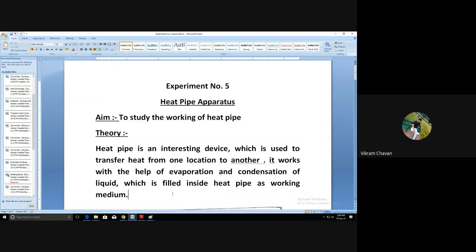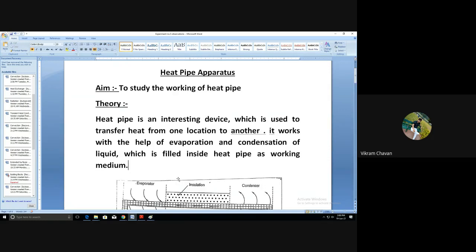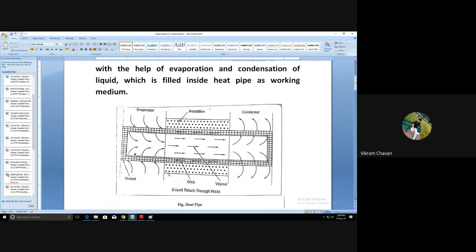Now we have discussed that there are two important sections in a heat pipe, that is the evaporative section and the condenser section. If you see this diagram, you will notice that this is a kind of vessel which is sealed at both the ends.